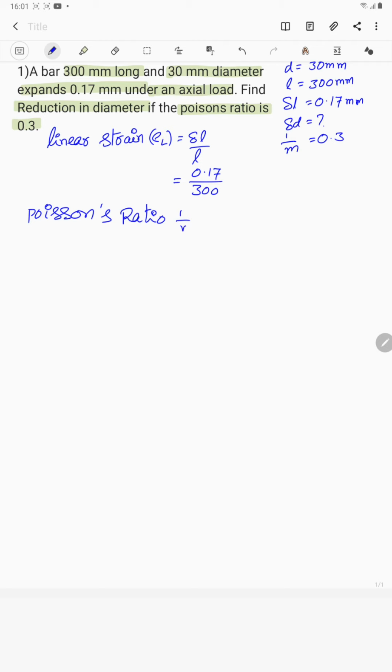That is the linear strain, and Poisson's ratio 1 by m equal to lateral strain by linear strain.